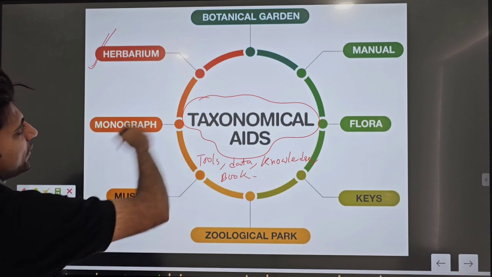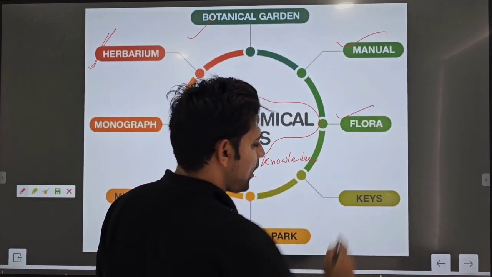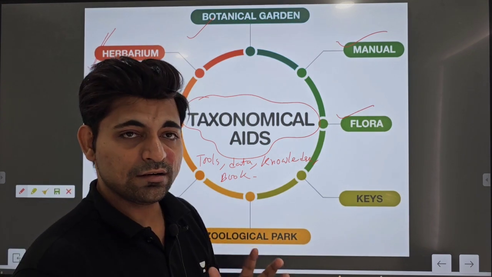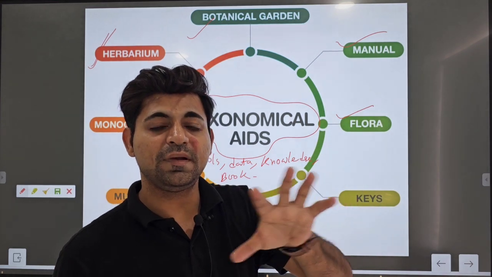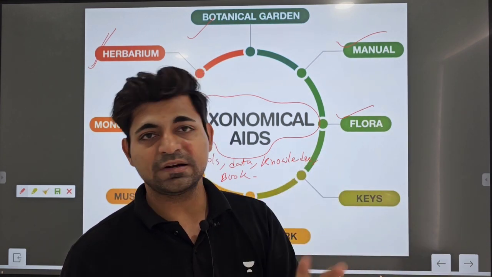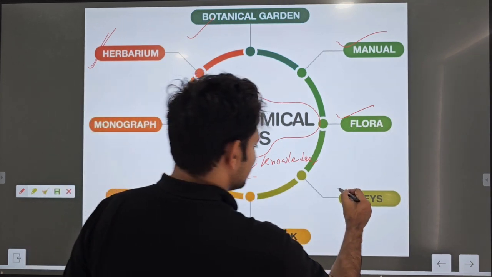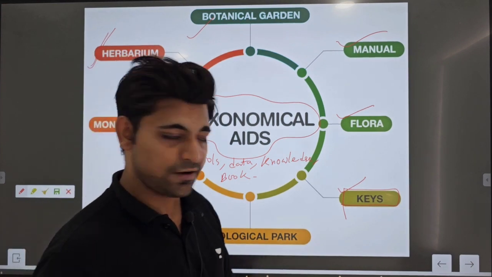So it can be herbarium, botanical garden, manuals or catalogs, flora. A group of all the plants of a particular area is called flora. A group of all the animals of a particular area is called fauna. Keys, analytical tools. Nowadays keys are utilized as software.